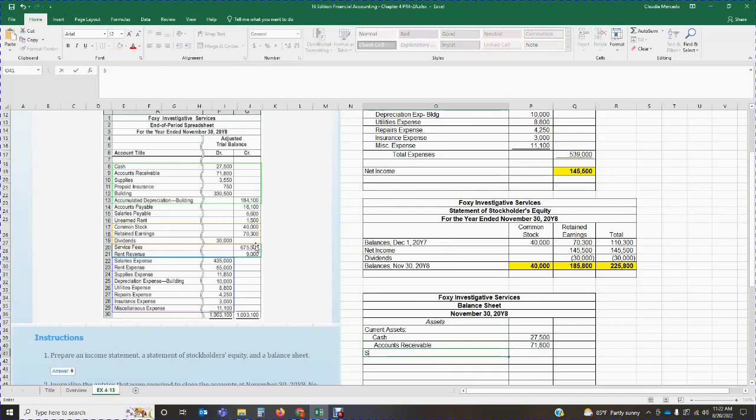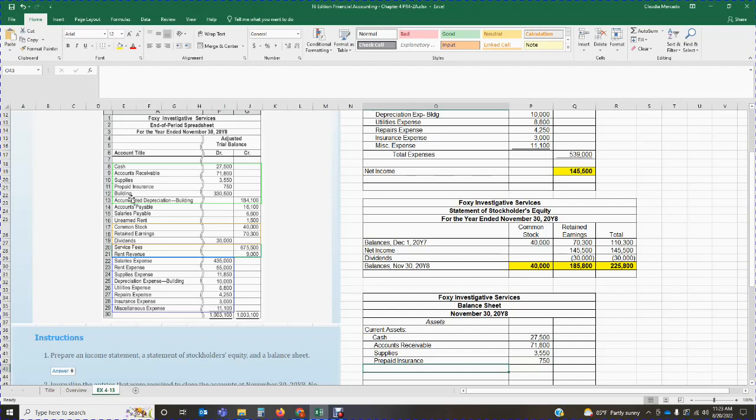Okay. Supplies of 3,550. And prepaid insurance of 750. Okay. Those are my total current assets.